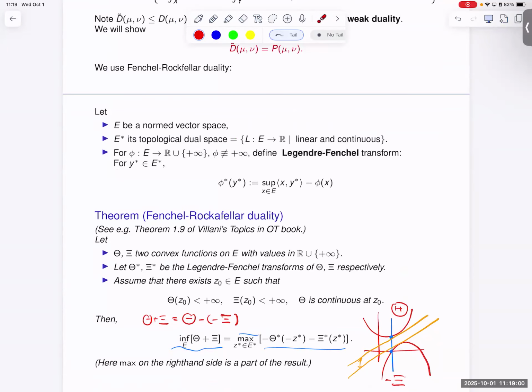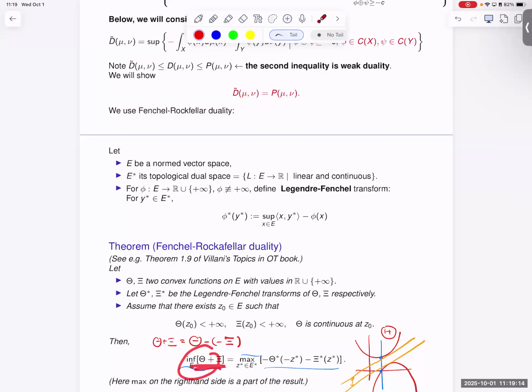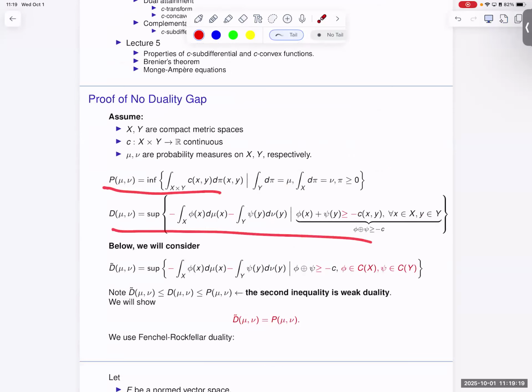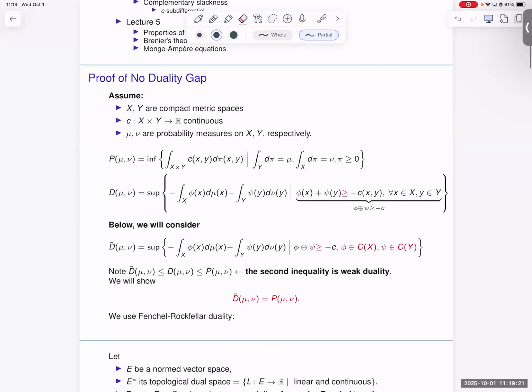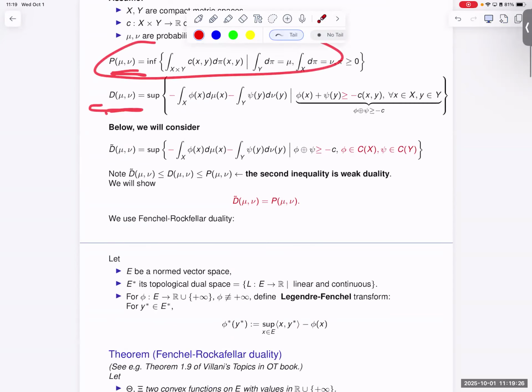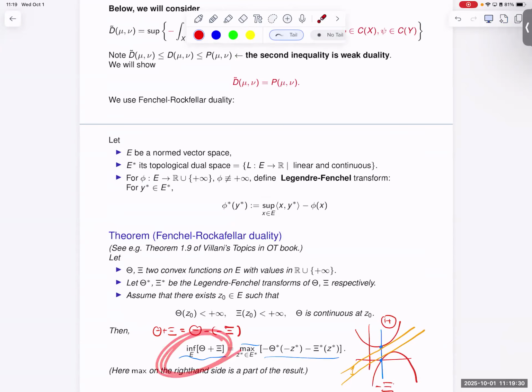Okay, I should ask. Then you want to determine, let's say, in Fenchel-Rockafellar duality, let's say this is our primal problem. Then you want to decide, from this previous optimal transport primal and dual, which problem between this P mu nu or T mu nu you want to put as the problem corresponding to this infimum of theta and psi.